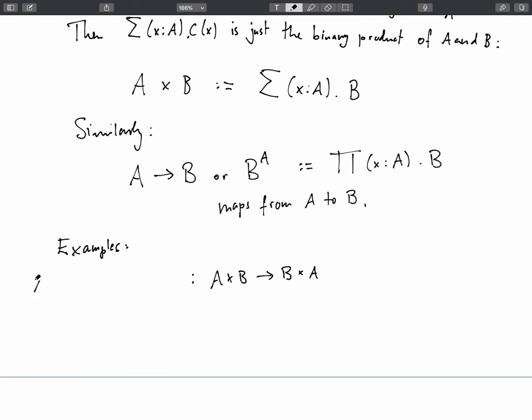Sure. Okay. Lambda. I take p. p lives in here. How do I make an element here? It's a pair. The first component has to be from B. Can I get something from B? Sure. Pi 2 of p. Can I get something from the first one? Sure. Pi 1.